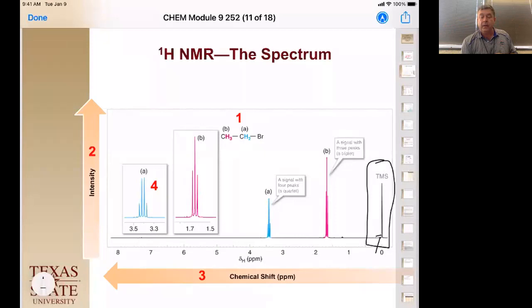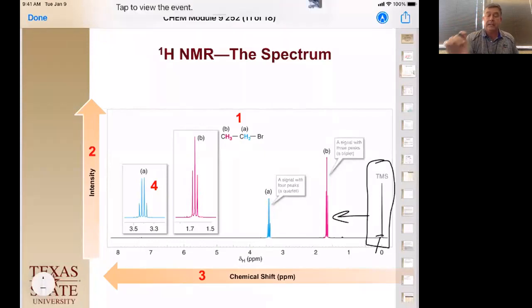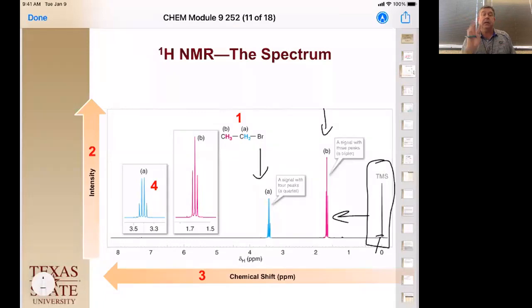And so the number of peaks above this internal standard is the number of peaks. In this case, we have 1 set of peaks here and 1 set of peaks here. That means we have 2 different types of hydrogens, and I'll talk about equivalent hydrogens in a minute. So that's number 1, the number of types of peaks. The second thing is intensity.